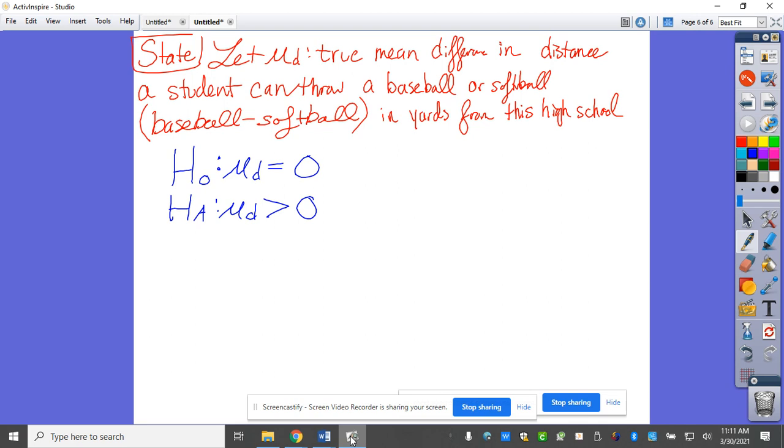And then what else should go here? And did this one give us an alpha? So we're going to use what? So interval we want to estimate, test, null and alternative.